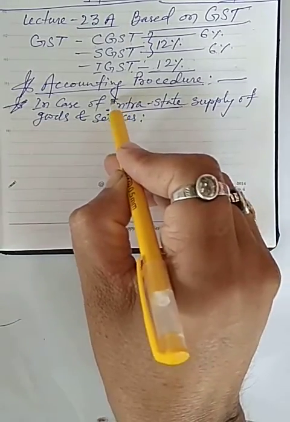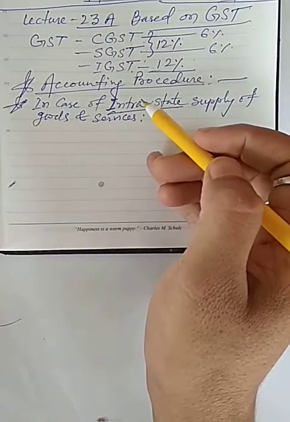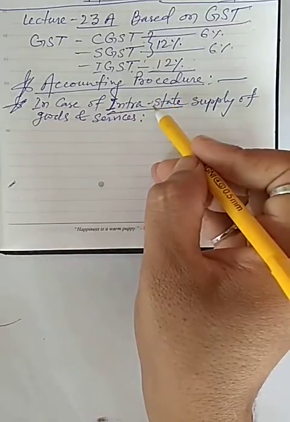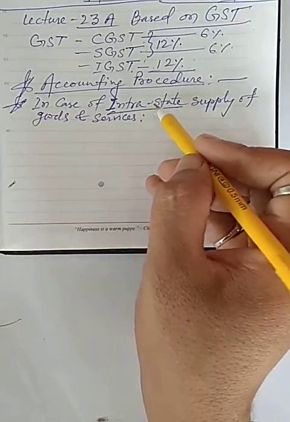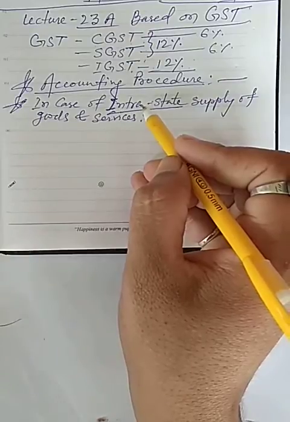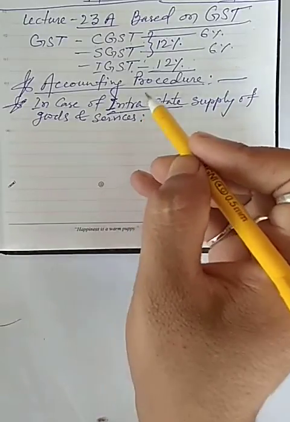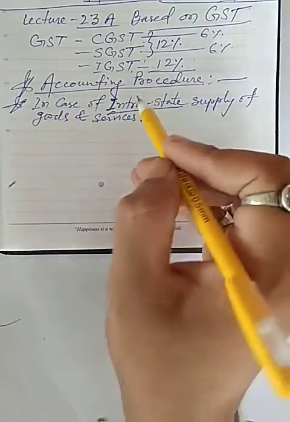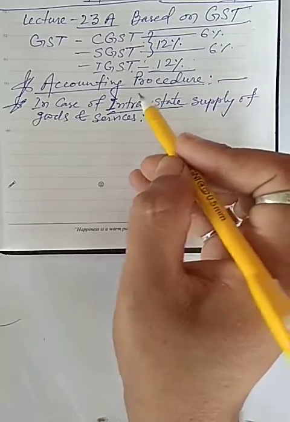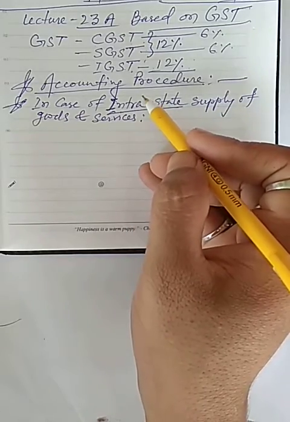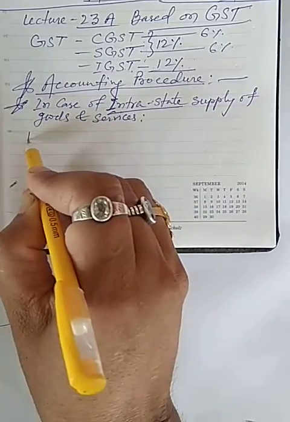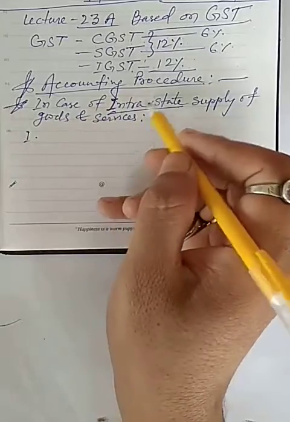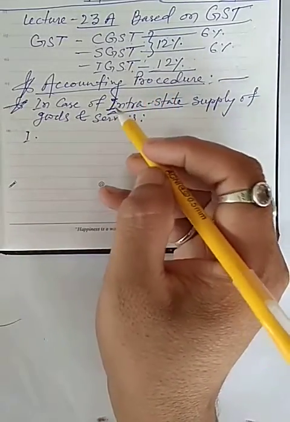It means a merchant of Bihar sells goods and services to customers of Bihar only. So let us see the journal entries related to intra-state supply of goods and services.